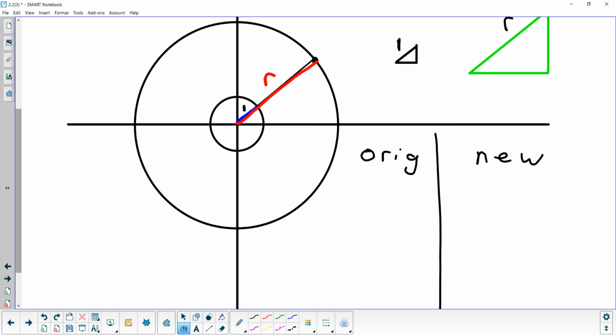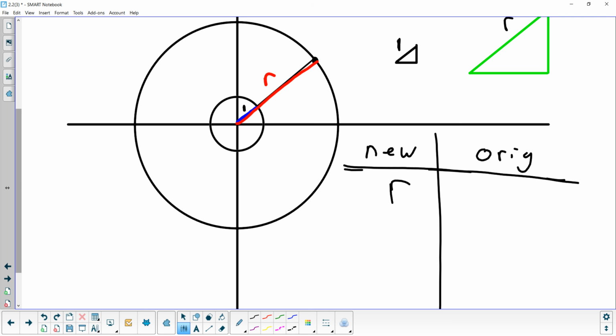Originally, we're used to working with a radius of 1. The new one has an R. Actually, it might even be easier if I reverse the column. It doesn't really matter, but I think visually it'll make more sense. So the new one is an R. Originally, we had a 1.